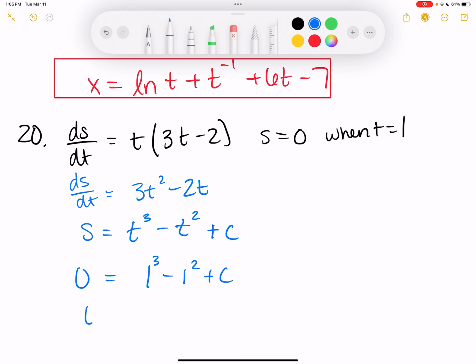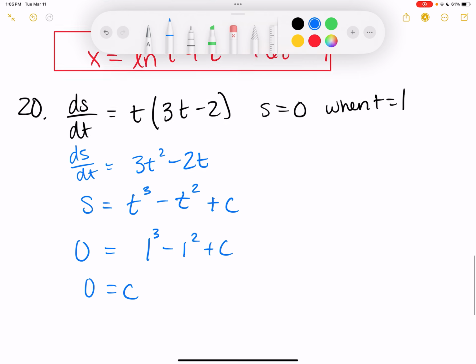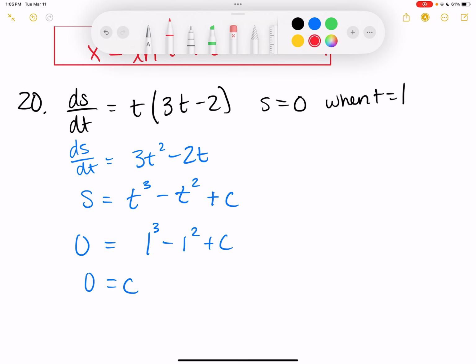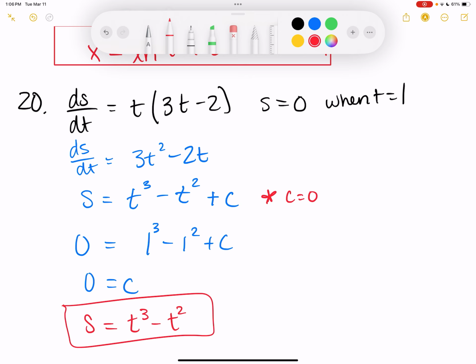So 0 equals c. At this point, a lot of times I may go back up here and just say c equals 0. Then at the bottom, where I would normally write my final answer, I will have s equals t cubed minus t squared. Several derivatives we've taken haven't had a constant, so it's not surprising. I don't need to write plus 0 in my answer.